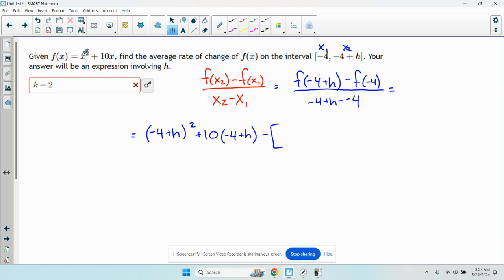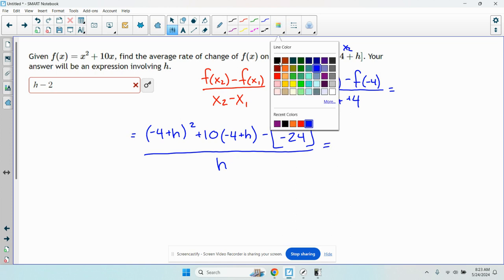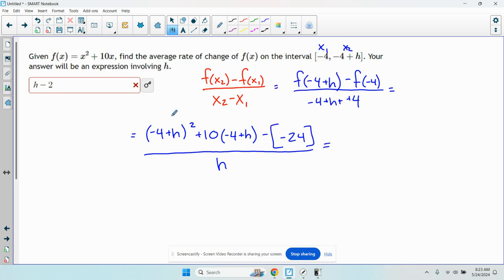That's going to be 16 minus 40, that's negative 24, all over negative 4 plus 4, that just gives me h. So this, if I FOIL this thing out, I get 16 minus 4h, that's minus 8h, plus h squared.